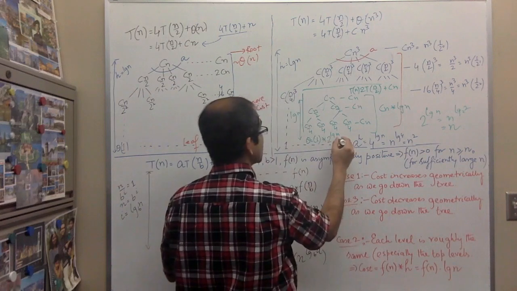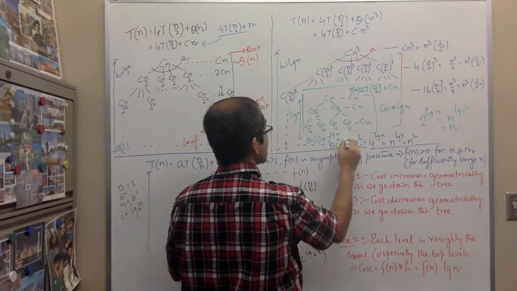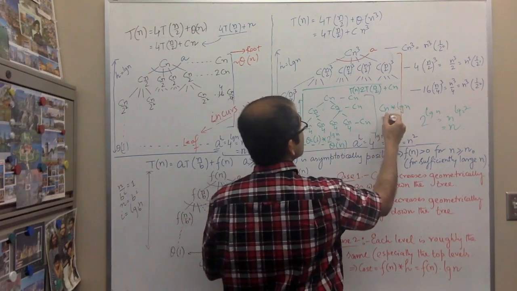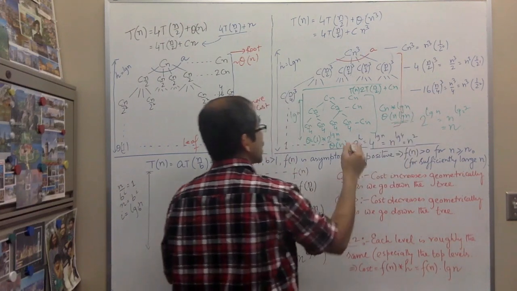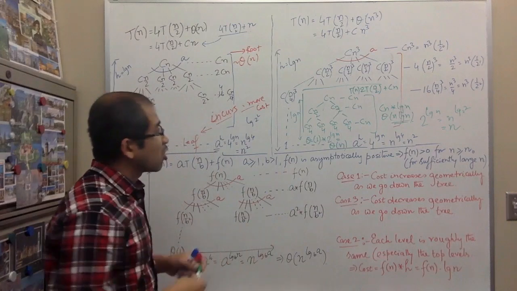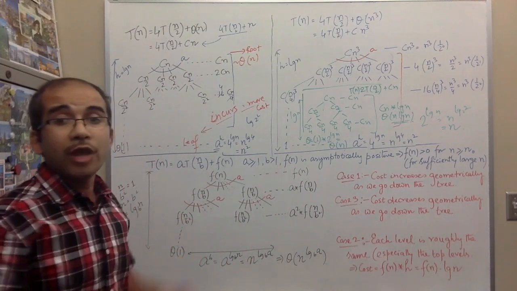So theta 1 times n was theta n, and this was theta n log n. So this was more than that, so that was the contributing cost. Just to remind you.